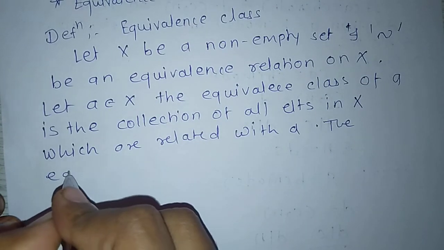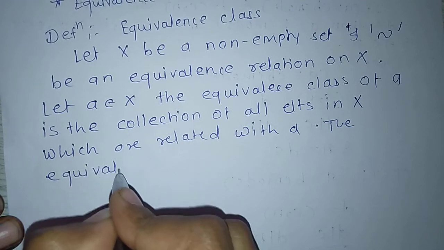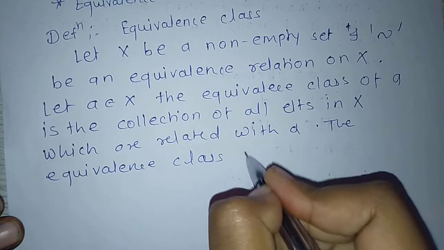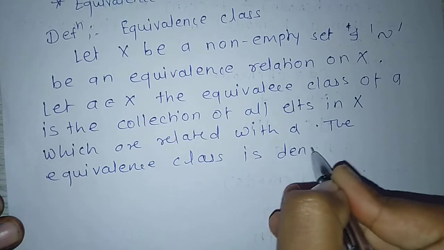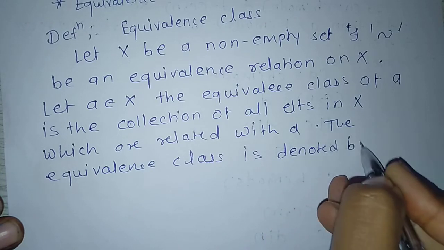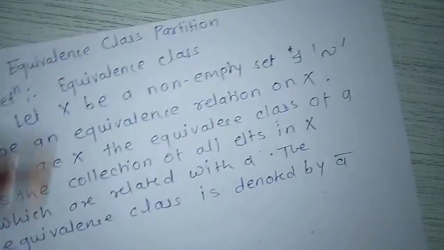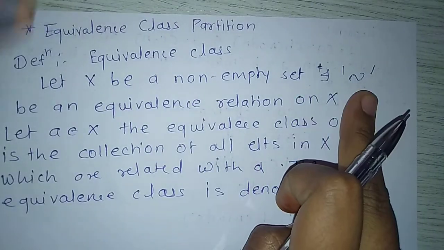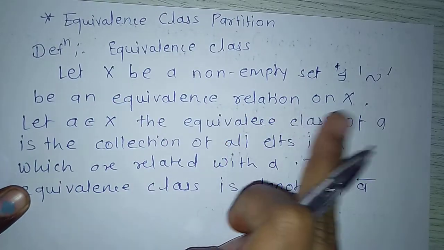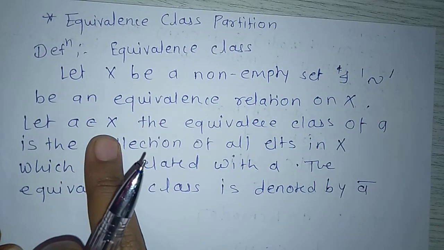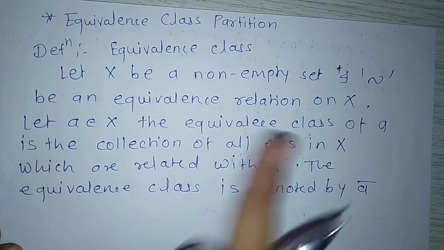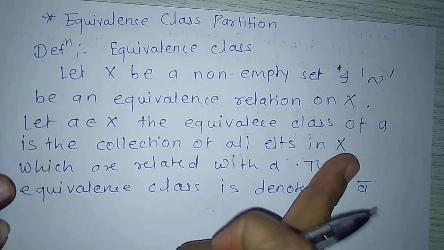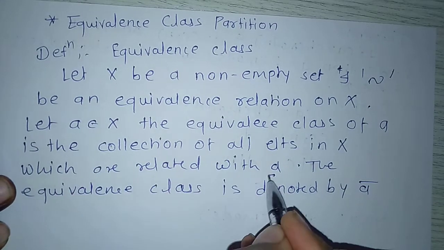The equivalence class is denoted by a bar. Let X be a non-empty set and tilde be an equivalence relation on X. Let a belong to X. The equivalence class of a is the collection of all elements in X which are related with a.